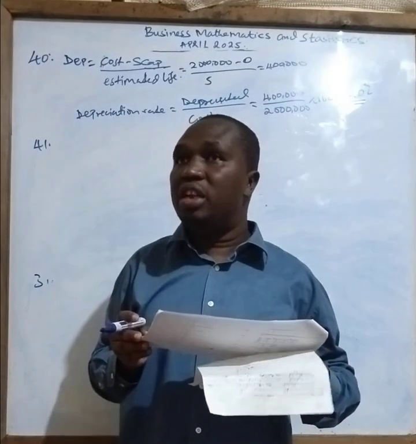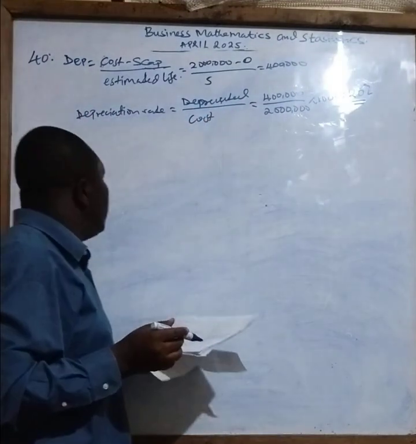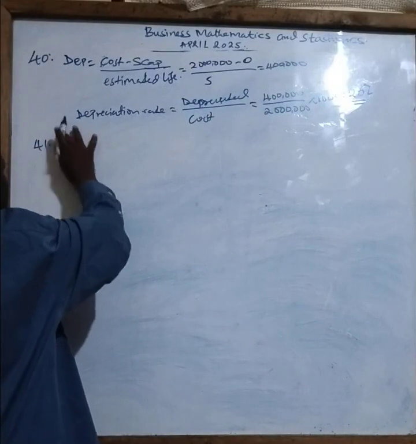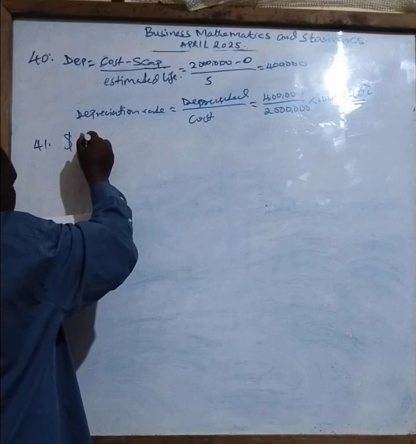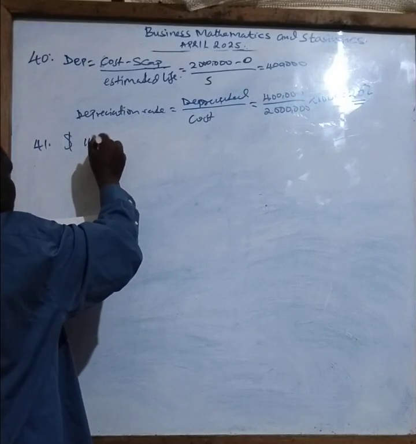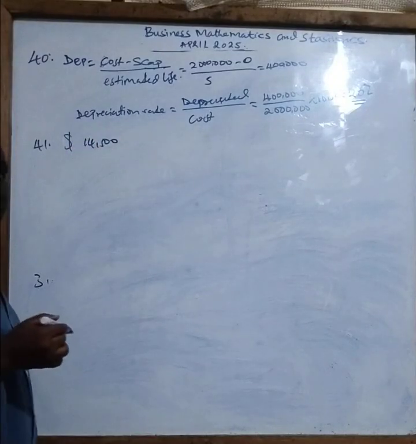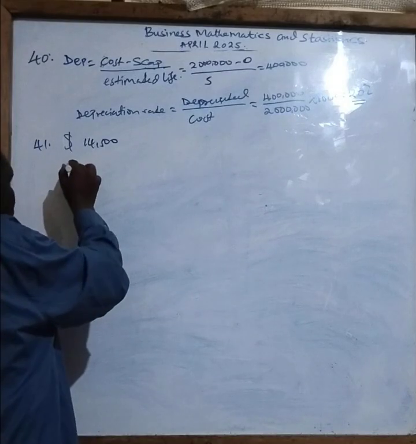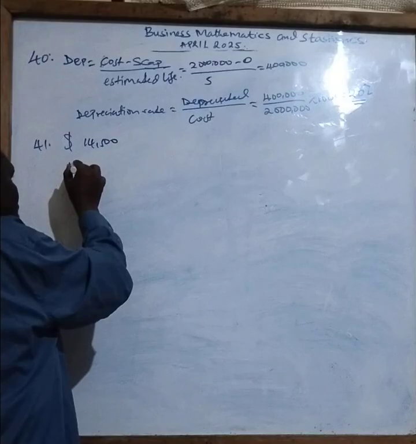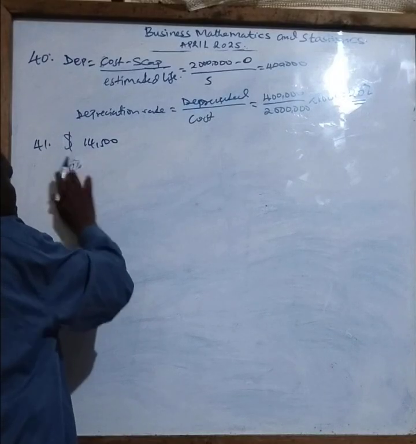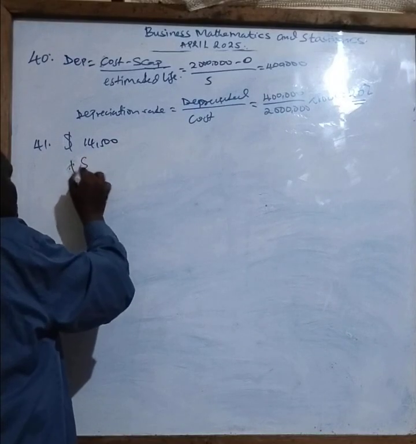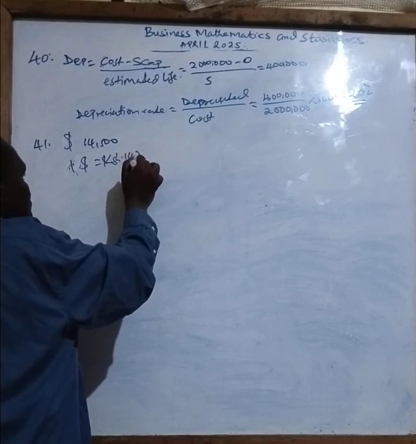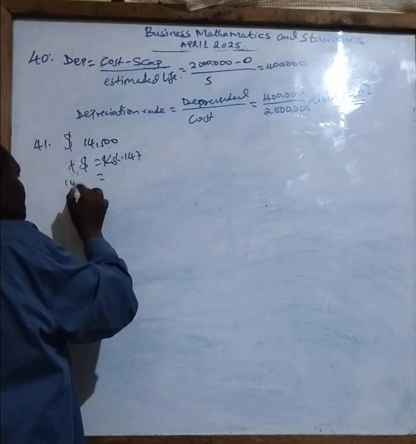So in this case, we have already been told that this particular person came into Kenya with US dollars of 14,500. How much is this in Kenya shillings? So you now say $1 equals Kenya shillings 147. What about 14,500?